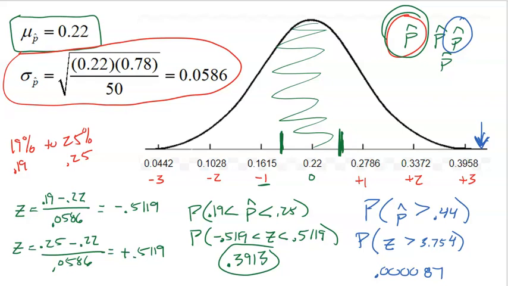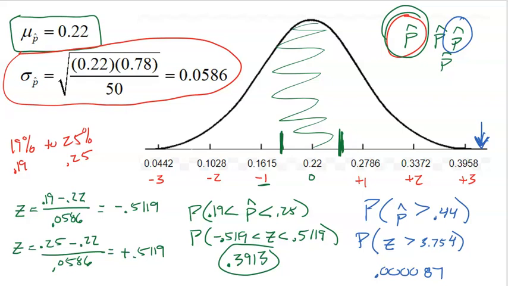So the actual proportion of songs that are rock and roll is more than he thought it was. Maybe it was 22% a year ago, but after increasing the number of rock and roll songs on his iPad or iPhone, it's actually higher.